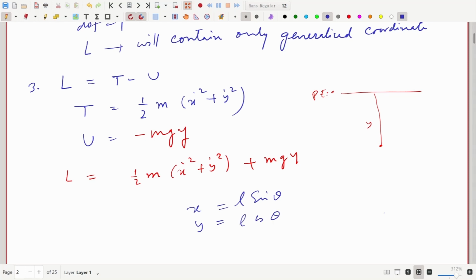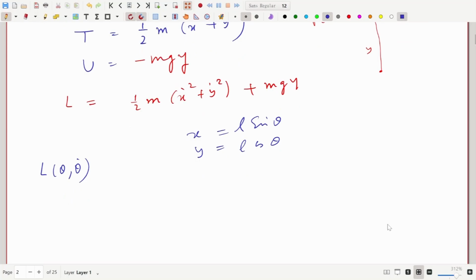If we substitute, then your Lagrangian will be a function of theta and theta dot, as we expected, because I said that it is only 1 degree of freedom. So, there should be only 1 generalized coordinate in the system, and that will be theta.